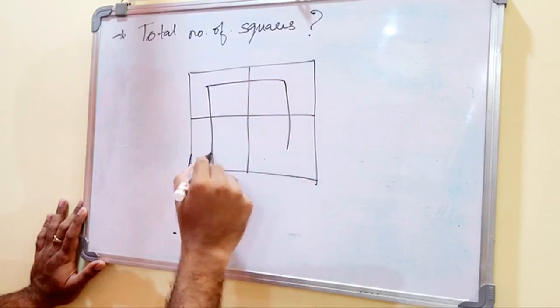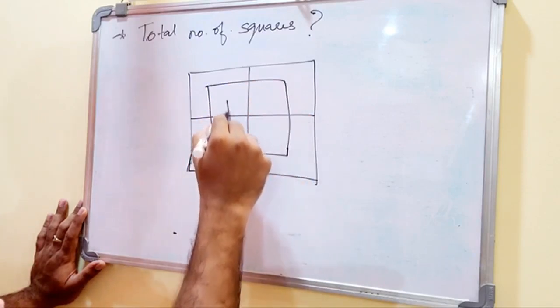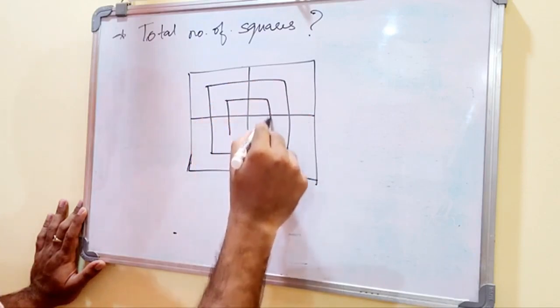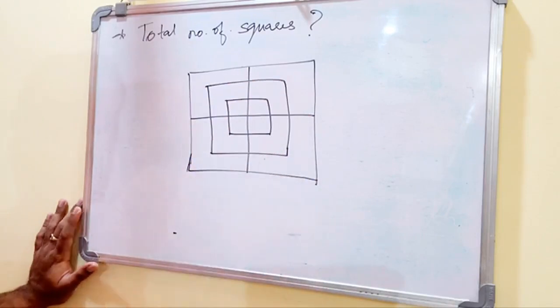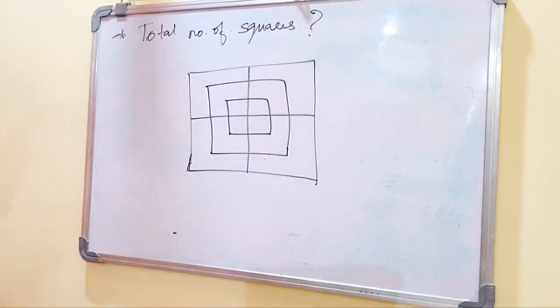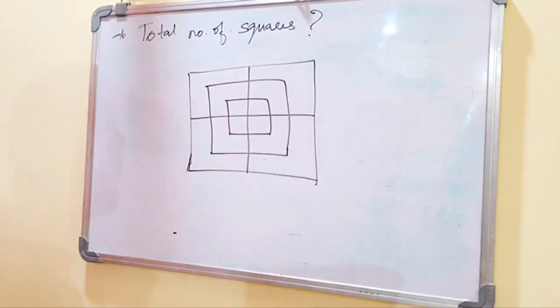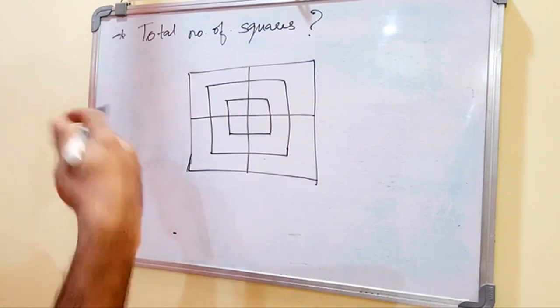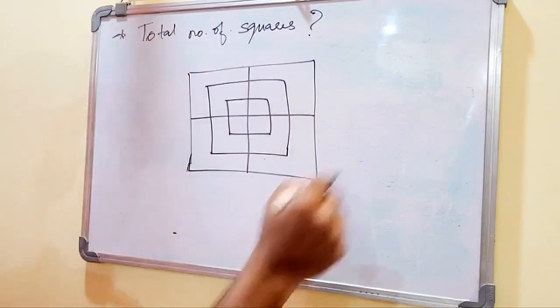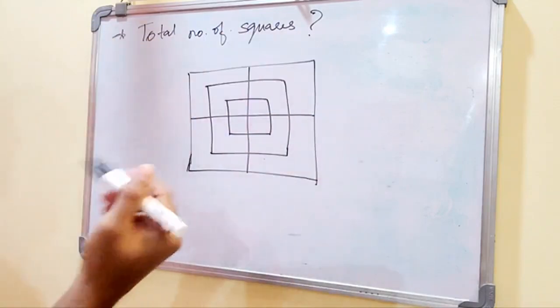Squares within the square. This is one of the examples which is frequently asked in competitive exams like SSC, banking and railways. So squares within squares. This is a simple example that I am taking, but in examination they may ask you a few more, they can add a few more squares within the squares.